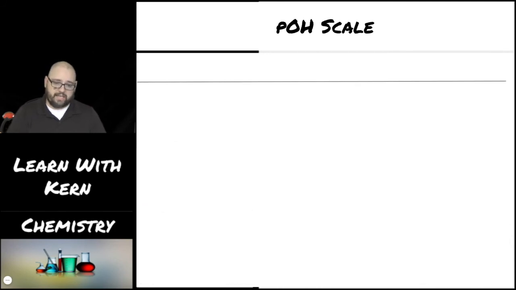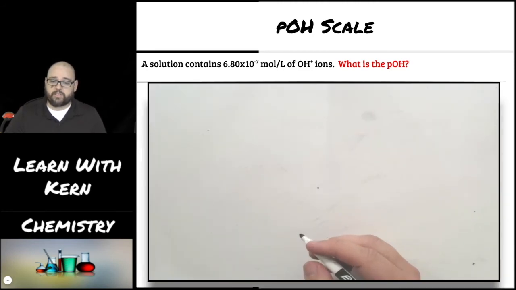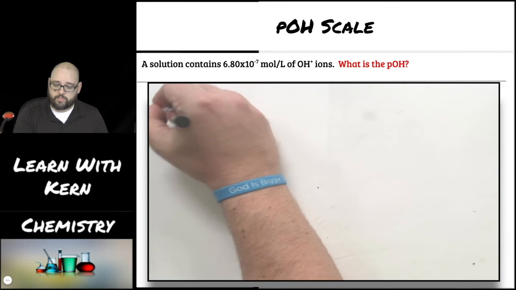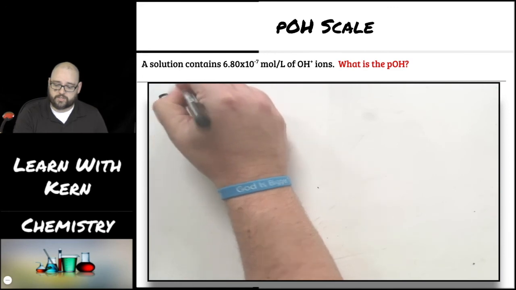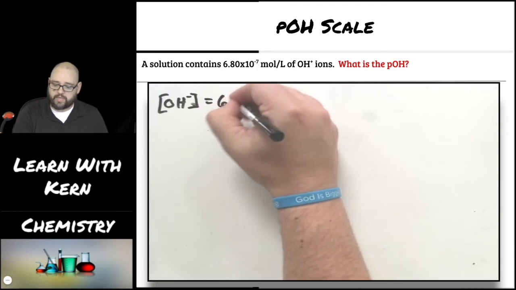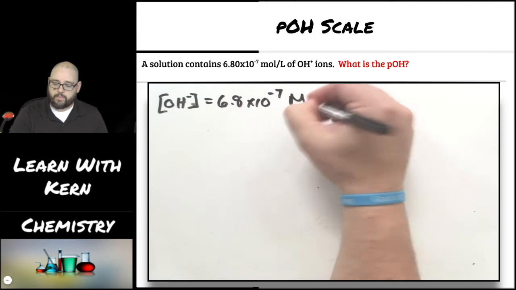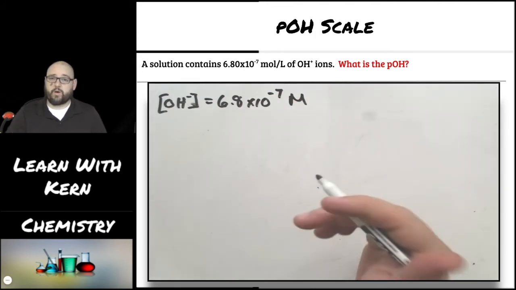So let's look at an example here. We have a solution that contains 6.80 times 10 to the negative 7th moles per liter of hydroxide ions. So my hydroxide ion concentration is equal to 6.8 times 10 to the negative 7th molar. What is the pOH?